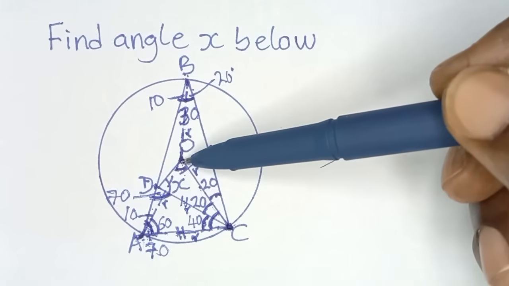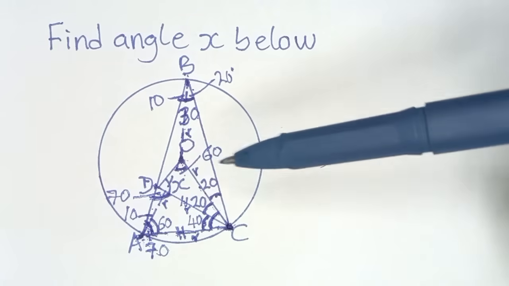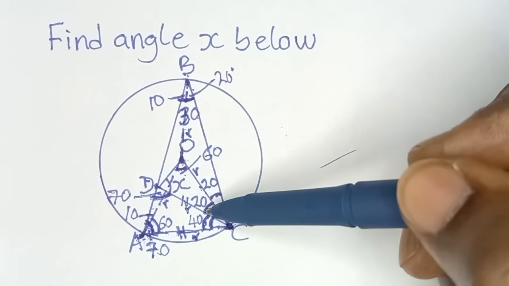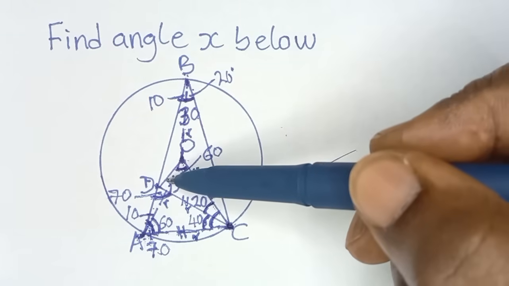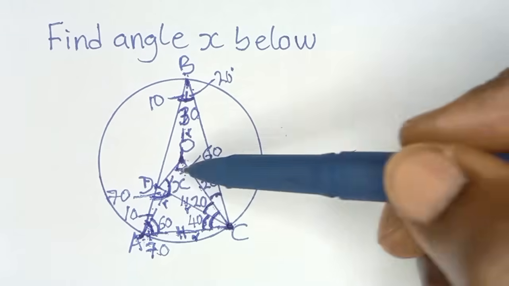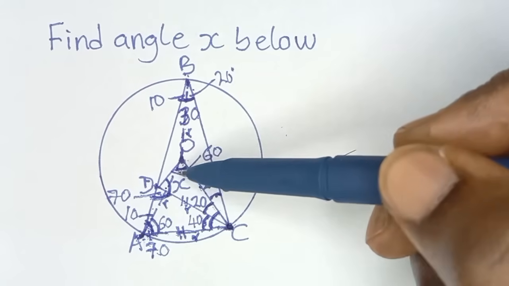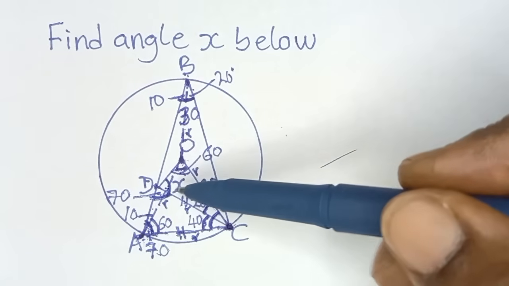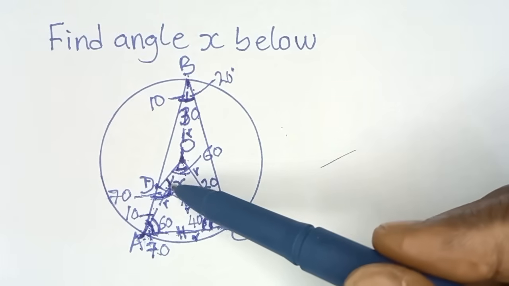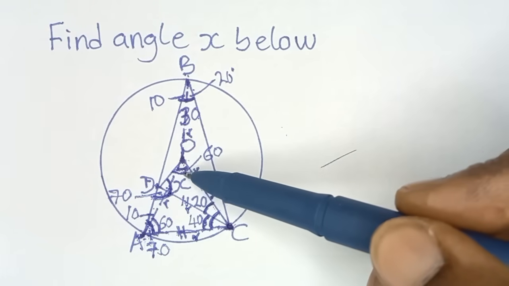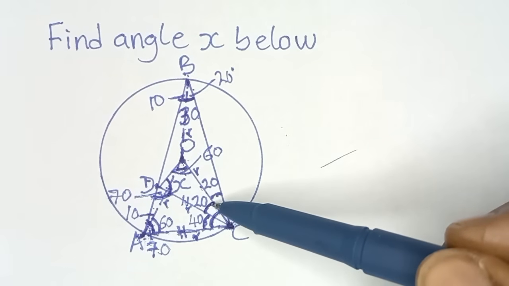From there, since we already know the vertical angle as 20 and one of the base angles as x, the other base angle will also be x, because the two base angles have to be equal. And don't forget, it is the x that we are looking for, angle x. We already know the vertical angle as 20.